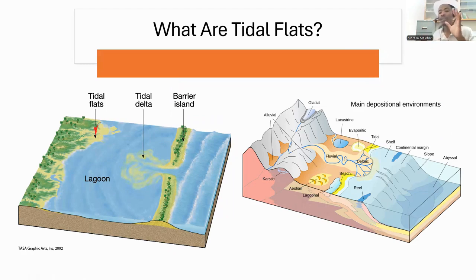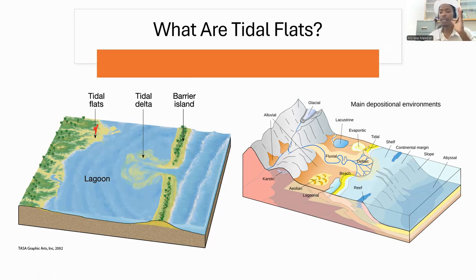This is found in the coastal area, and it's made up of mud, sand, and of course sometimes shells. These things are shaped by the constant rise and fall of the ocean.